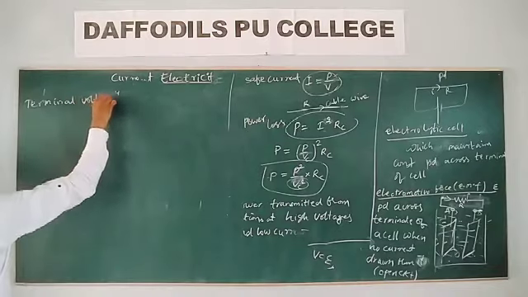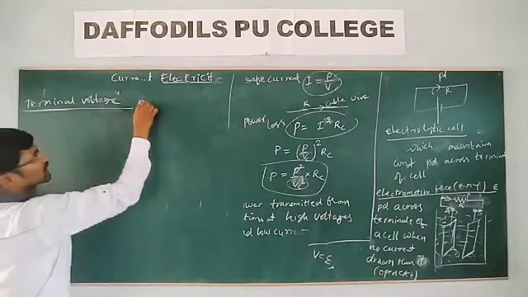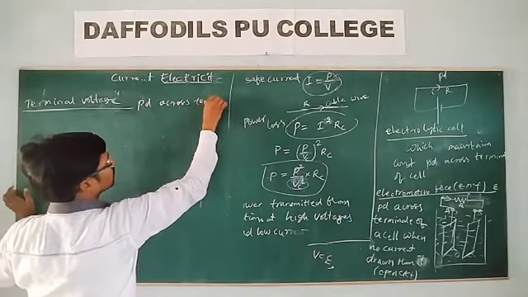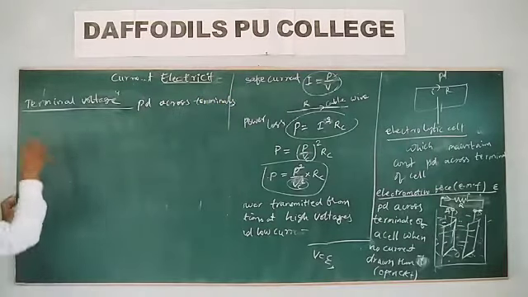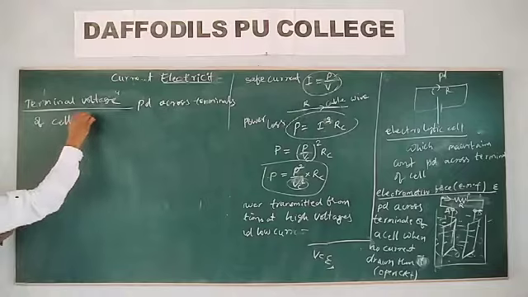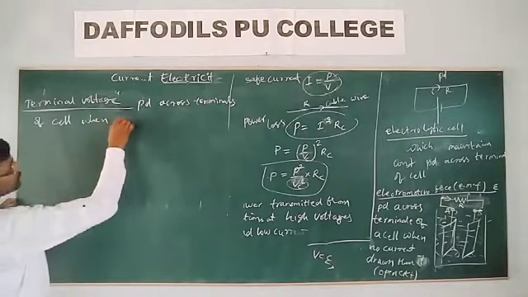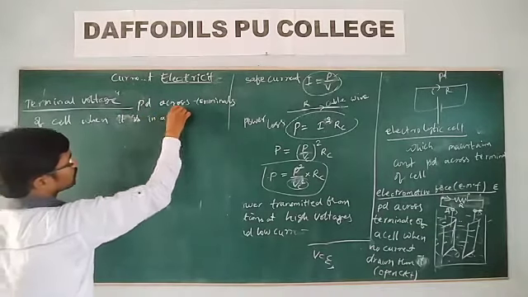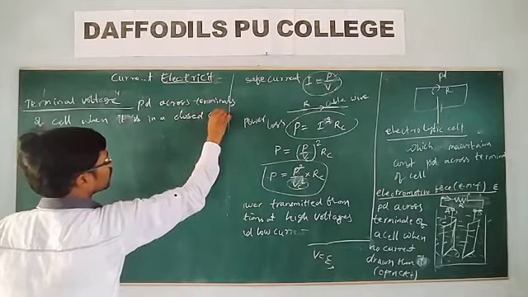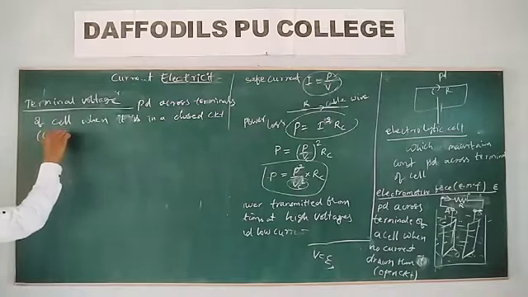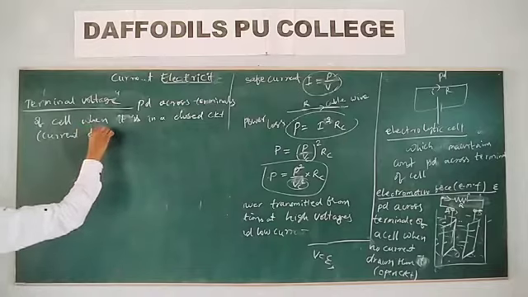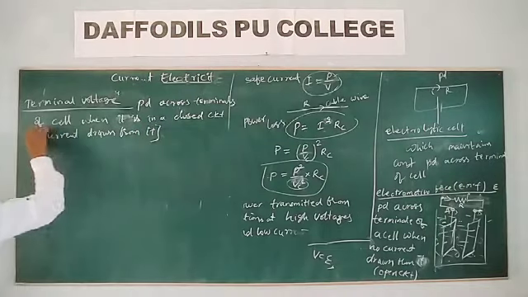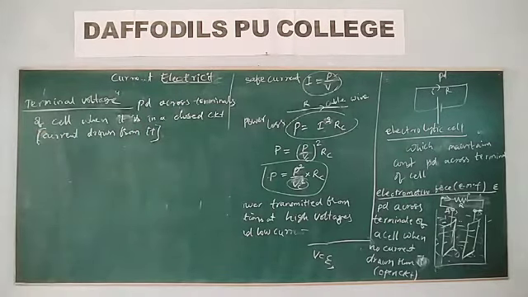Terminal voltage is the potential difference across the terminals of a cell when current is drawn from it, that is, when it is in a closed circuit.